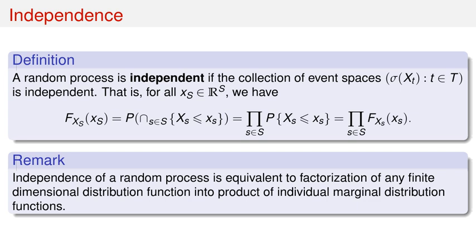A remark here: the independence of a random process is equivalent to the factorization of any of its finite dimensional distribution functions into the product of the corresponding individual marginal distribution functions.